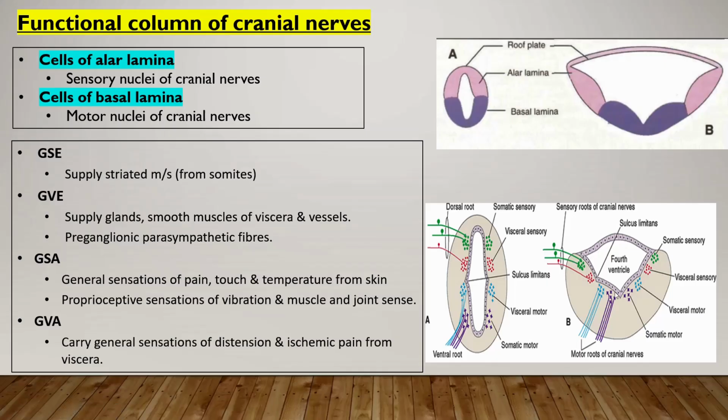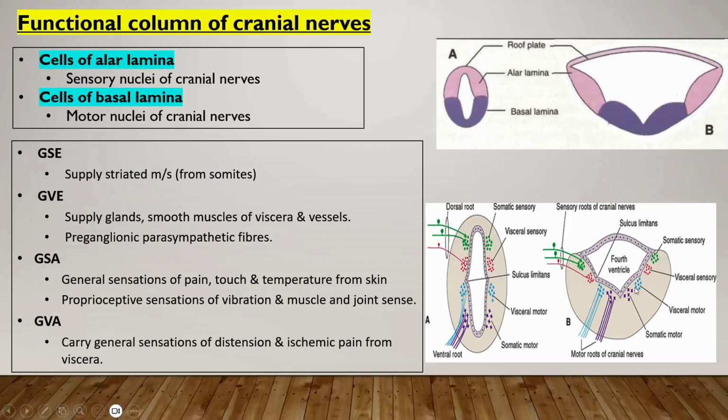Now at the same time there will be appearance of the pharyngeal arches. So for the pharyngeal arches the functional column will appear. So to supply the muscles of the pharyngeal arches there will be the motor functional column which will appear here in between the general somatic efferent and the general visceral efferent.